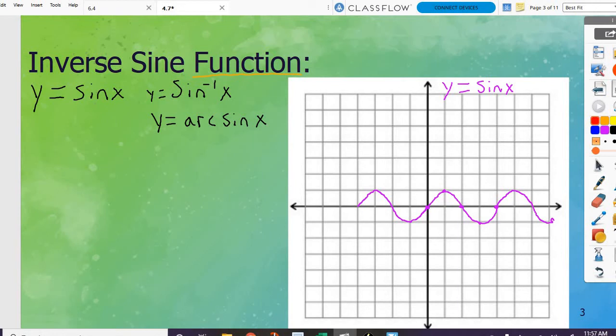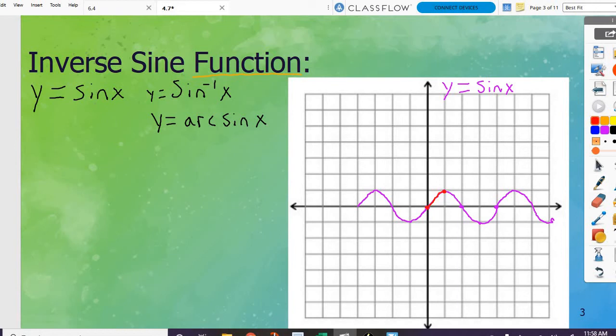Okay? So notice that I include 0. Starting at 0, I'm going along. I'm okay so far. But what happens once I get to my maximum? It comes back down. So if I come back down, would I pass my horizontal line test? No.